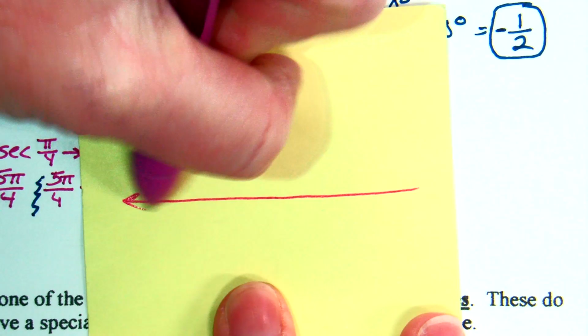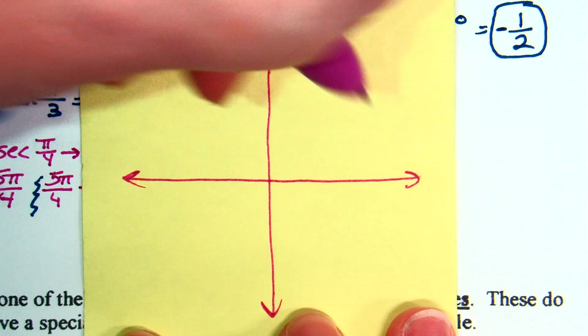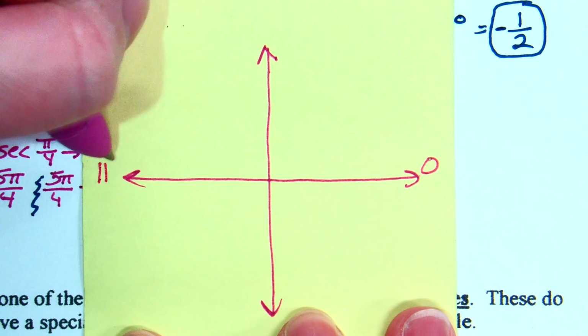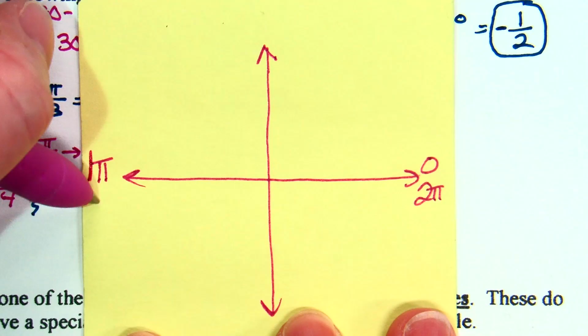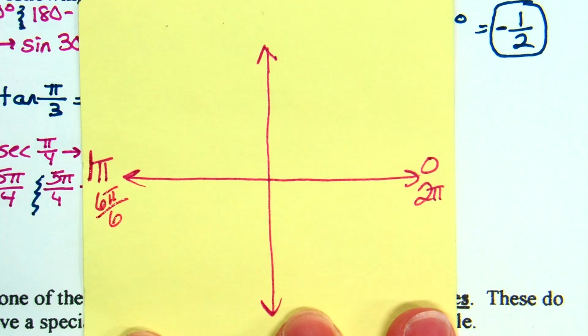If we remember that this is 0, over here is pi, and back over here is 2 pi, what are these in terms of 6's? 1 pi is the same as 6 pi over 6.